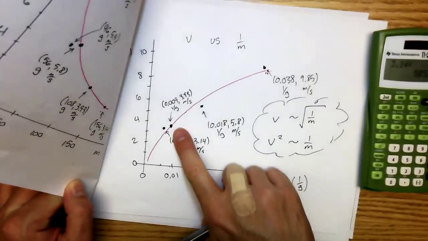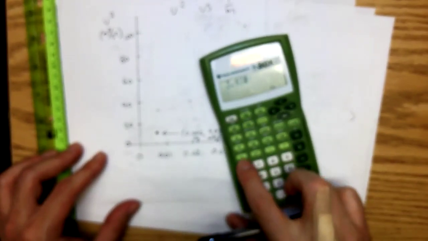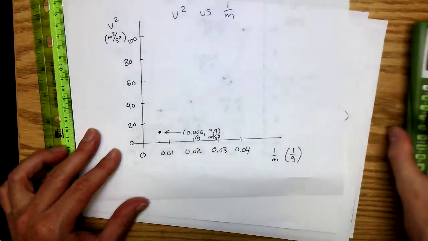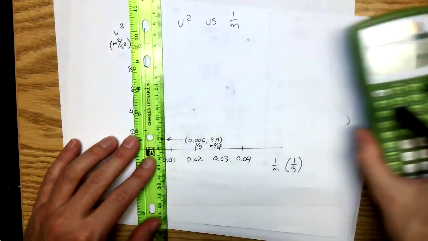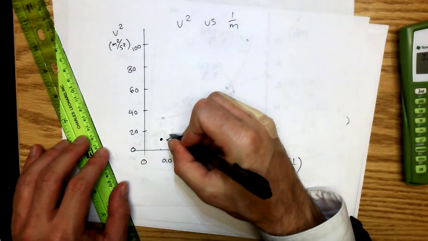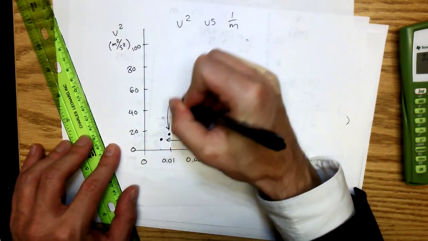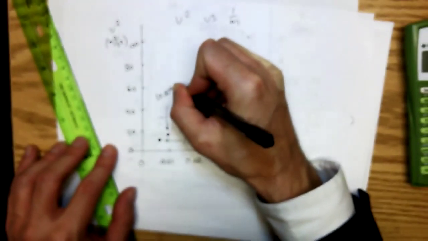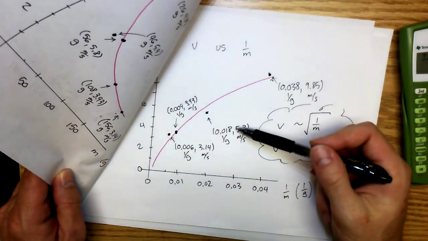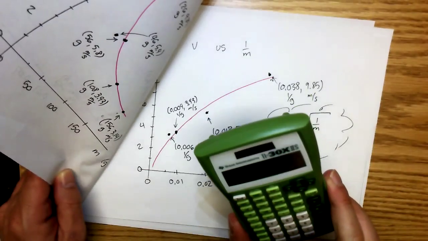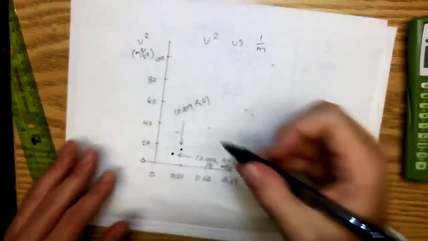All right, next one. How about this one? So it's 3.93 squared. That's like 15.4. Right, so 0.009, 15.4. That's right about there. All right, next one. Let's see, 5.8. What happens if I square that? 5.8 squared is 33.6.